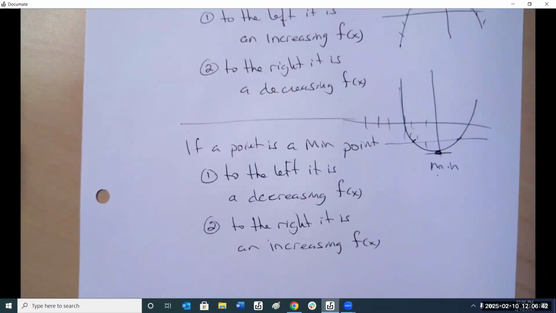Okay, here's another question. How do we know if it's a maximum or minimum, besides looking at those? How do we know if it's a maximum or minimum point?